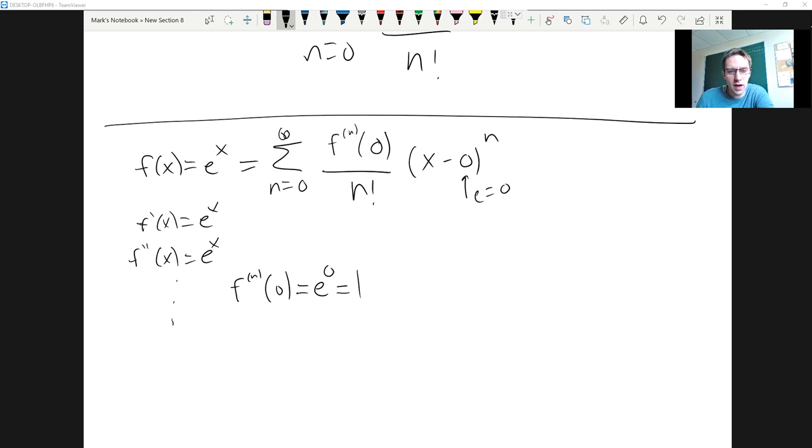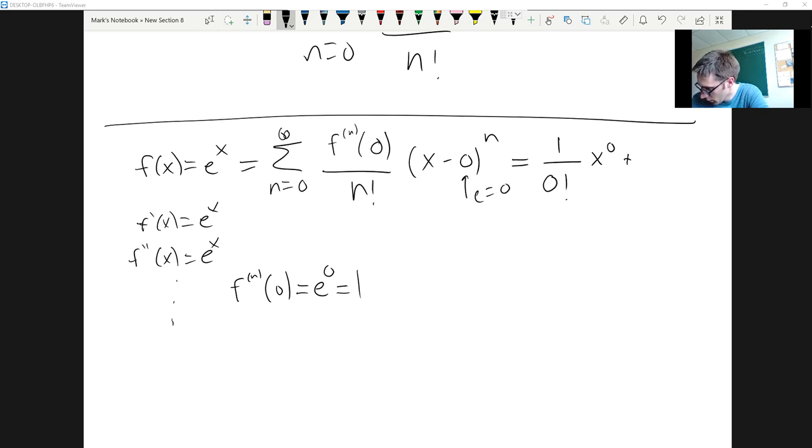Okay, so we've got all of our derivatives evaluated at our center point figured out. They're all just 1. That's convenient. So let's now write down what these terms look like. When we plug in n equals 0, we'll have the nth derivative, which is just 1, all over 0 factorial times x to the 0.